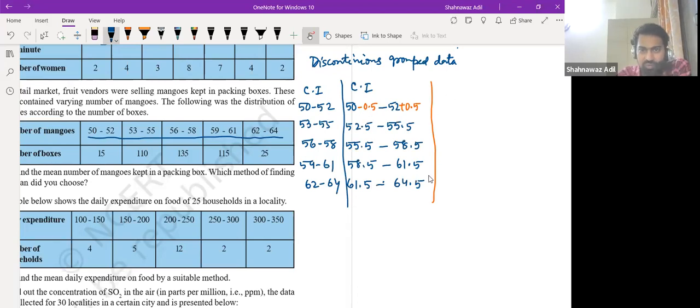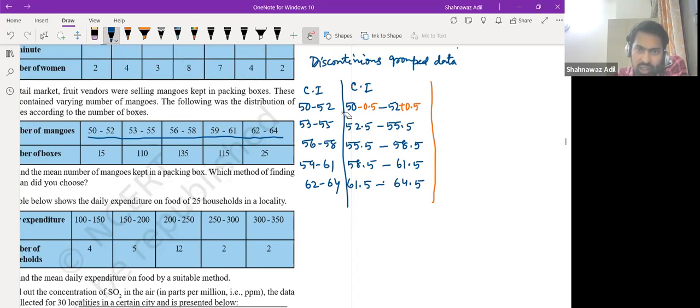Did you put 59? You put 58.5, right? So it is 58.5 to 61.5. 59 minus 0.5. So 0.5 subtracted, right? Okay. So now you see that this has become the continuous data.